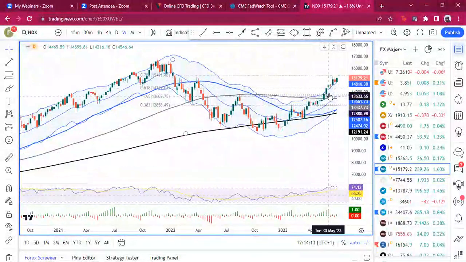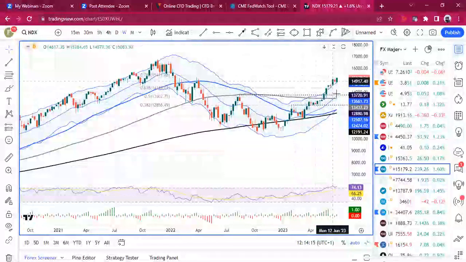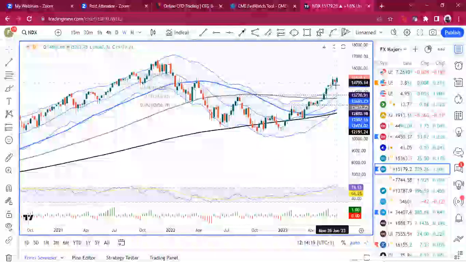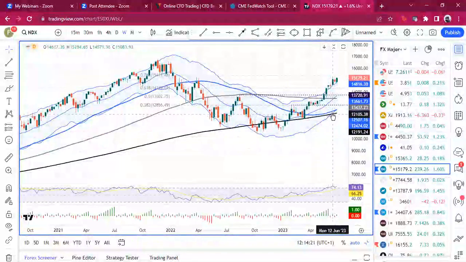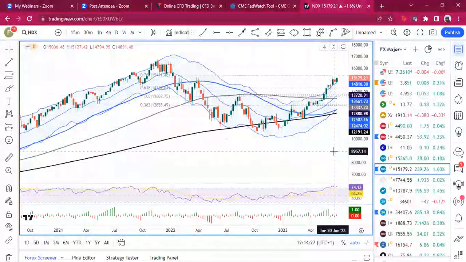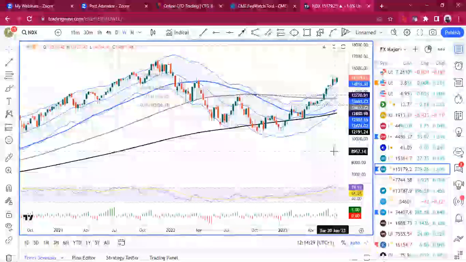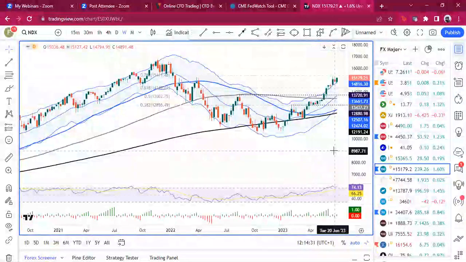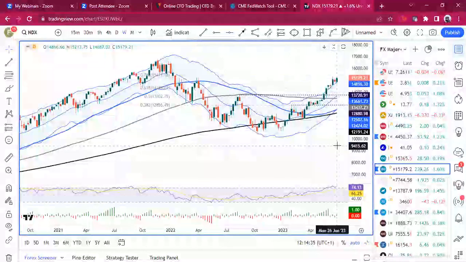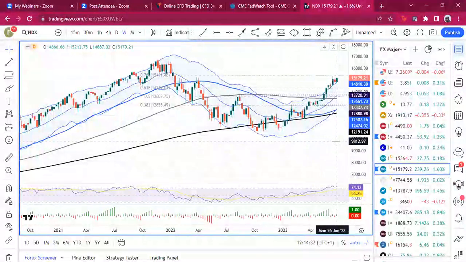So again, leaving the Keltner channels in, you can see we're well out of those channels now, well out of the upper band, and we're strongly overbought in the RSI as well. But then we had a pause in price action two weeks ago, of course, and then obviously we've made new highs since last week.